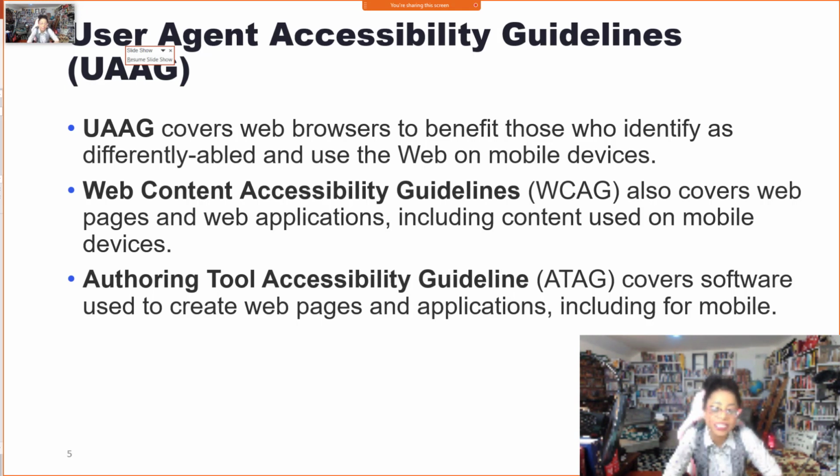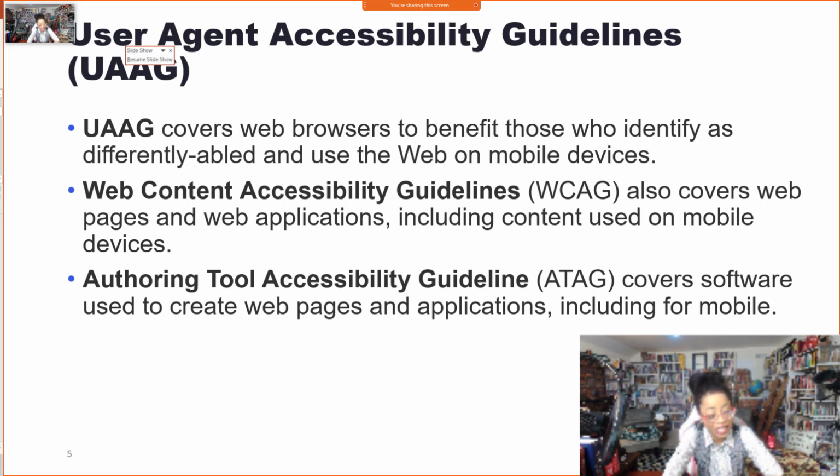So UAAG covers web browsers to benefit those who identify as differently able, and those who use the web on their mobile devices. WCAG also covers web pages and web applications, including content used on mobile devices.